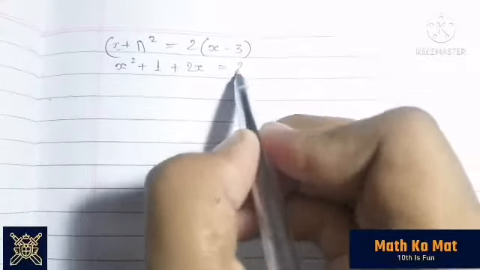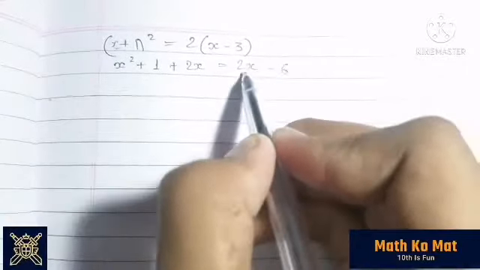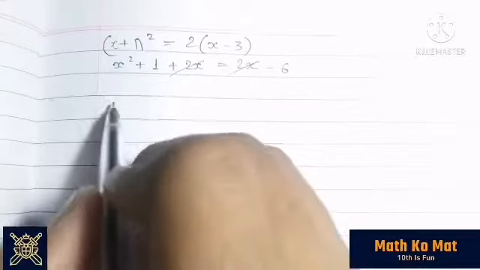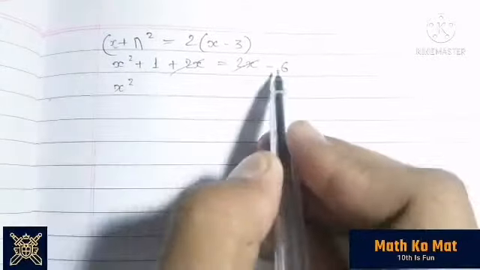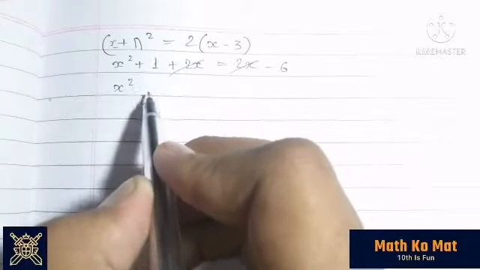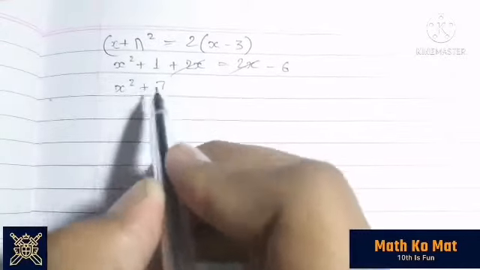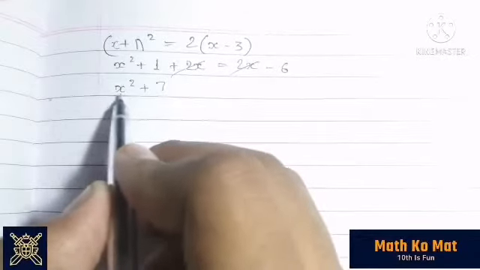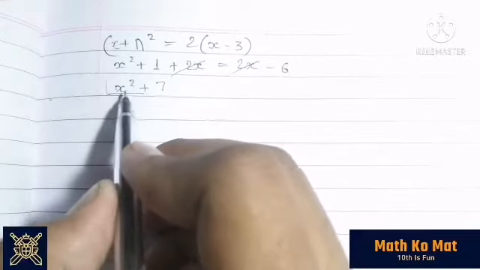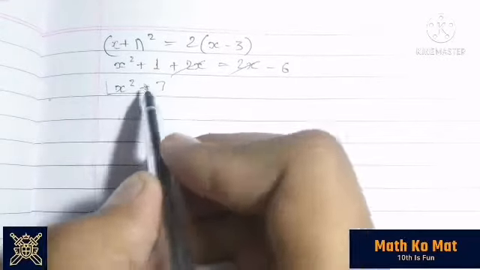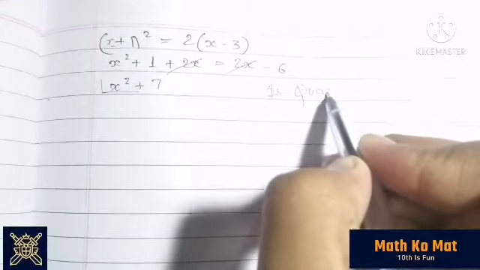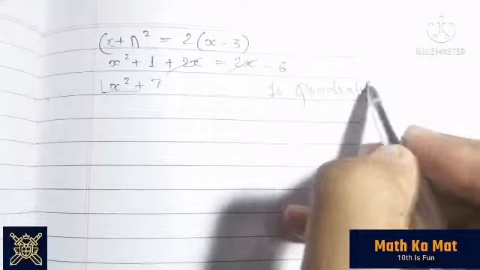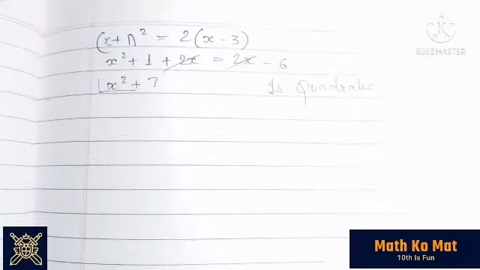And this is equal to 2x − 6. 2x and 2x get cancelled and you are left with x², this +1, and here −6 becomes +6, so +7. Since there is a coefficient of 1 and the equation has a degree of 2, therefore this equation is quadratic.